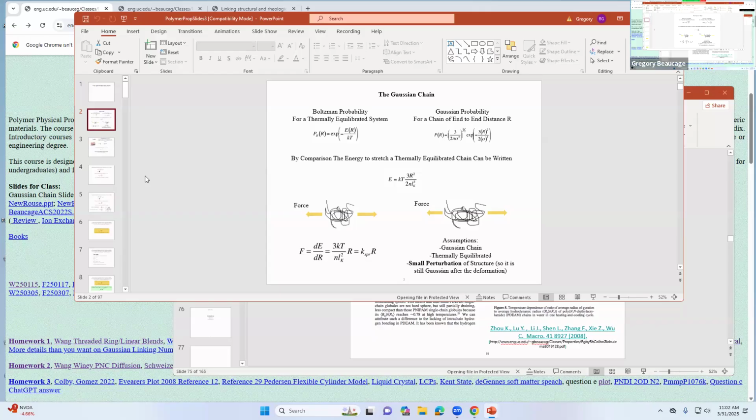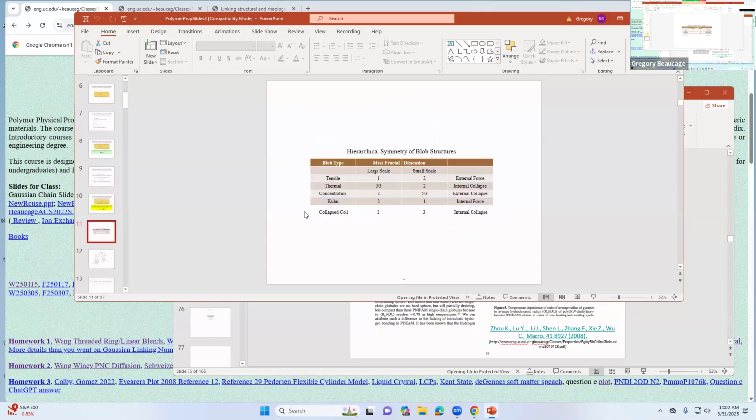But there's a lot of different blobs. We've already seen the coil collapse had a blob thing to it. And then you can think of the persistence length, the Kuhn length, as a blob kind of. There's also an electrostatic blob. I have a table of the 5 blobs, but there's actually more than that. Every time you look at it, you can think of another thing as a blob.